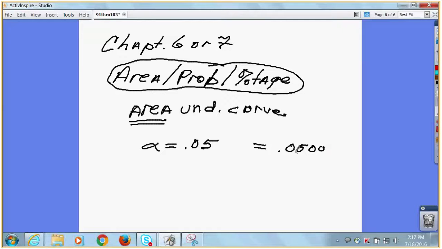The reason I put 4 digits is so you'll know that it's an area. If I give you alpha is equal to 0.01, then that means the area is 0.0100.